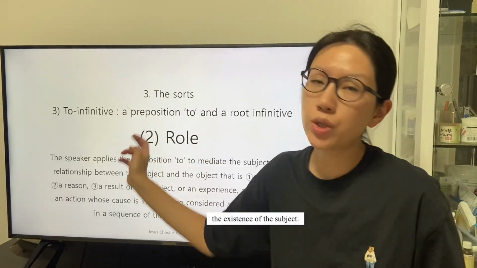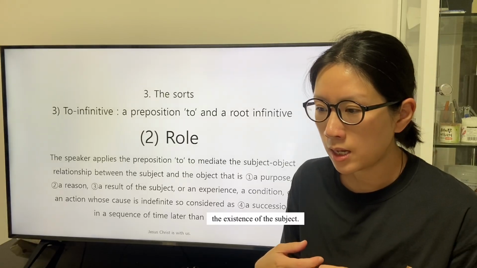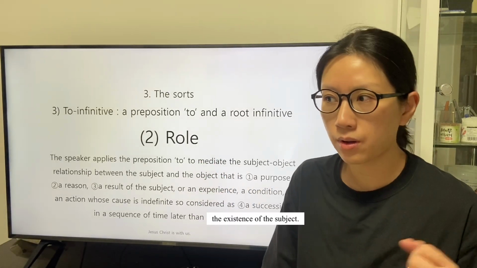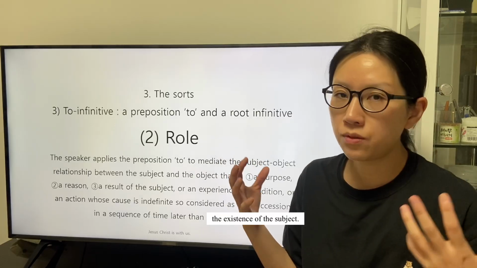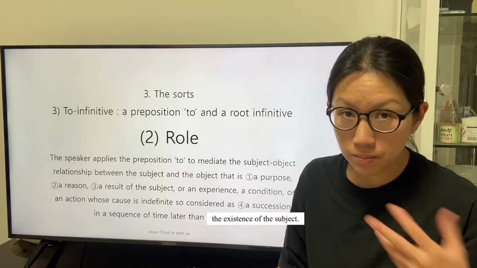The preposition to is included in the fifth sort of an adverb, that is a preposition.